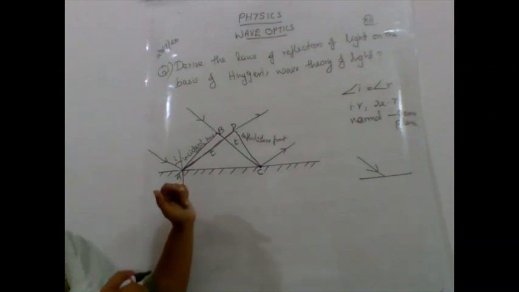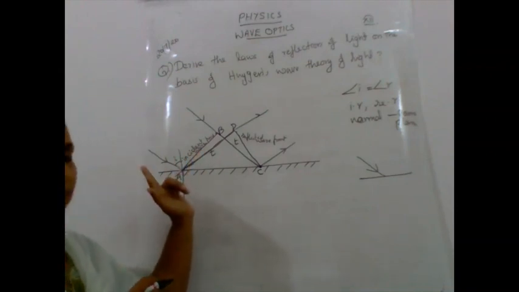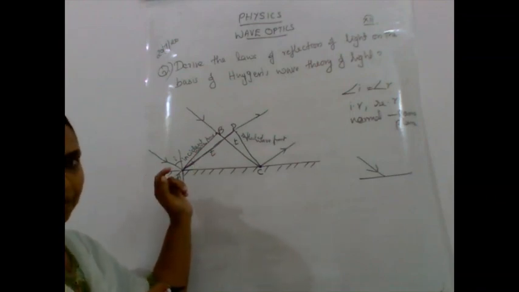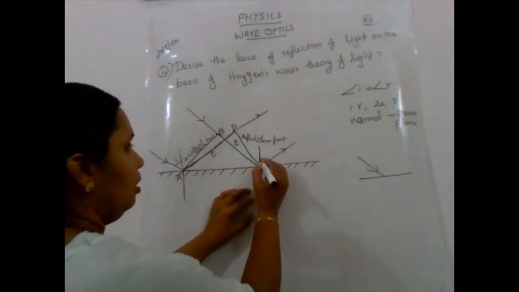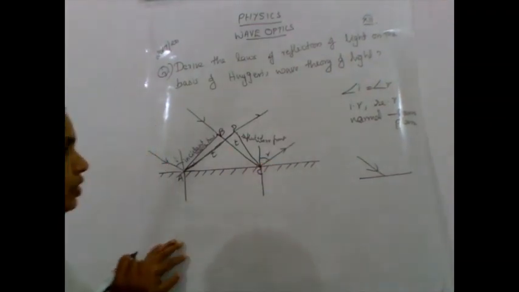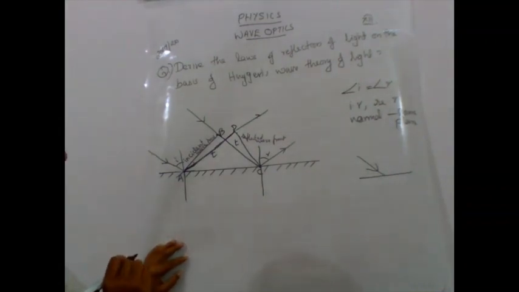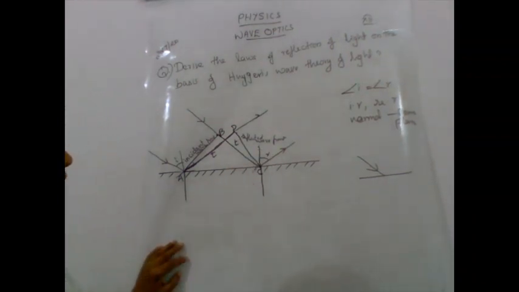That is, the secondary wavelets originated from all other points other than B. Okay, then draw the normal here, and this angle will be the angle of reflection R, isn't it? The reflected ray and normal will give you the angle of reflection R. Okay.